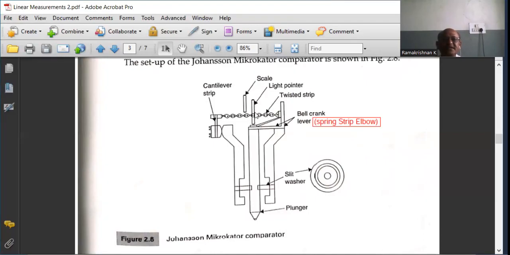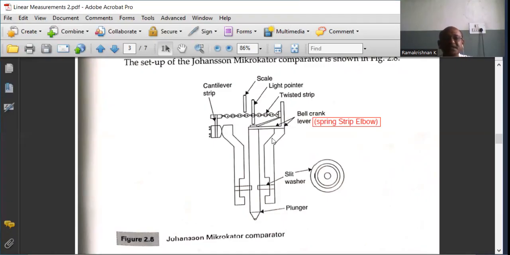At its center there is a pointer, which slides over the adjacent scale. One end of the metallic strip is connected to the cantilever strip, and the other end is connected to the spring strip elbow.